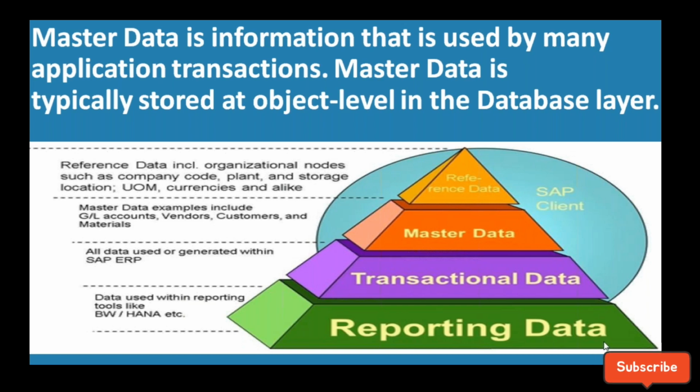Then coming to the reporting data. Reporting data means, let's say for an example, you are creating a vendor or you are managing a vendor. Okay. And definitely everything what we are doing through the MDG process.